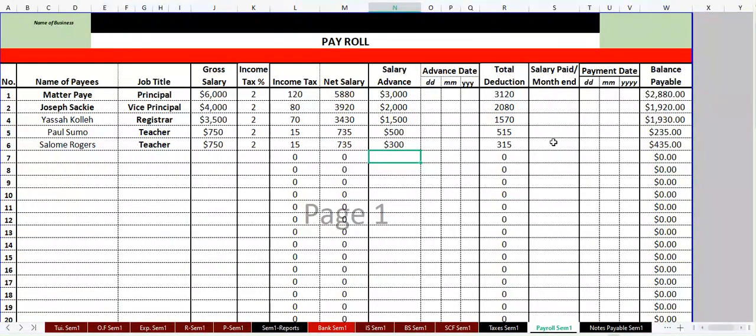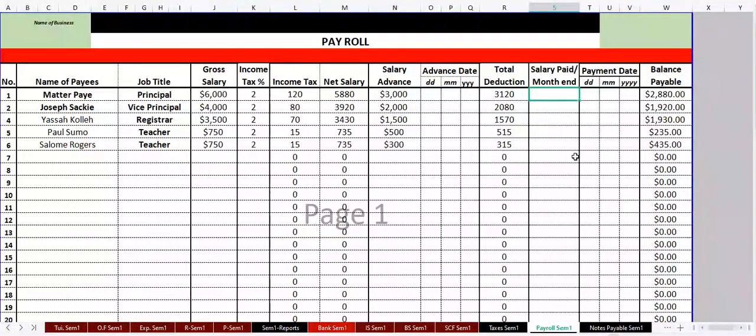So now the balances: the school still owes the principal $2,880, the vice principal $1,920, the registrar $1,930, and the two teachers, one of them the school owes $235, and the other person the school owes $435.